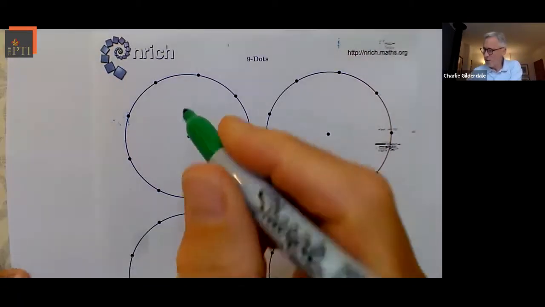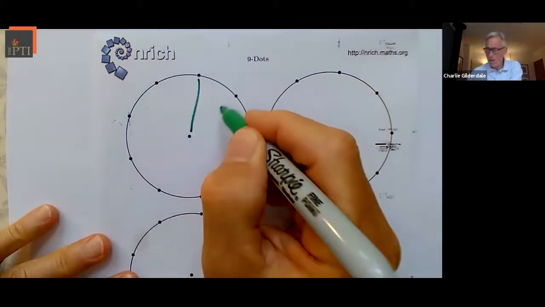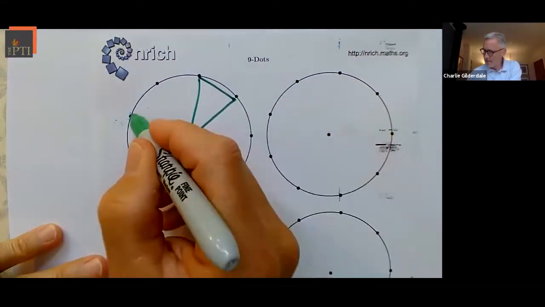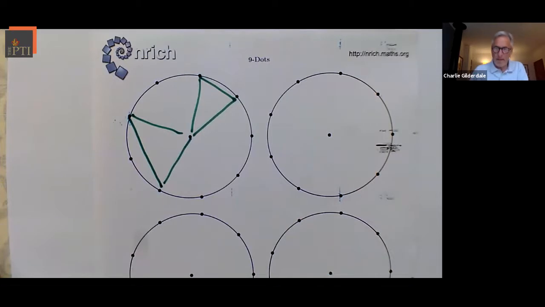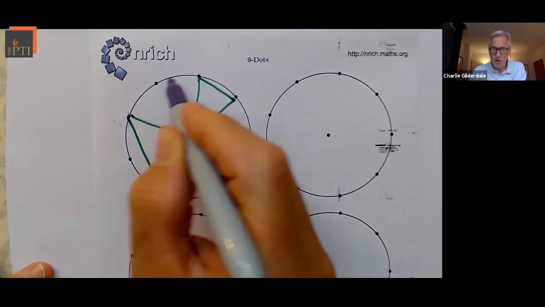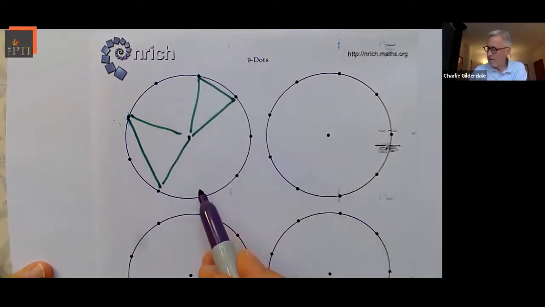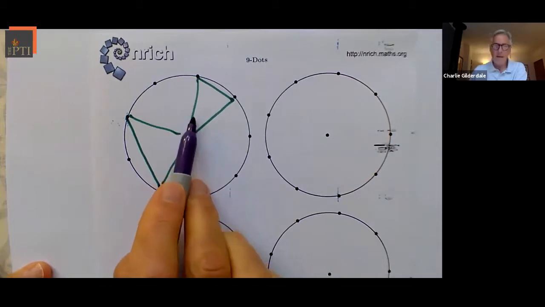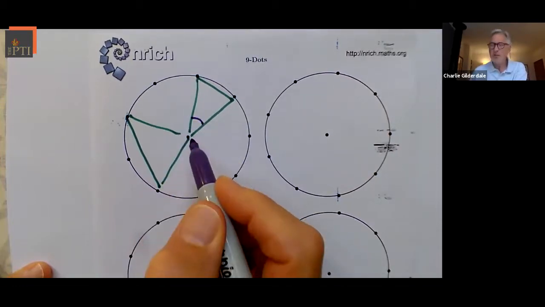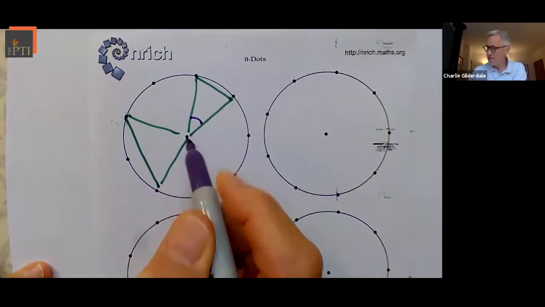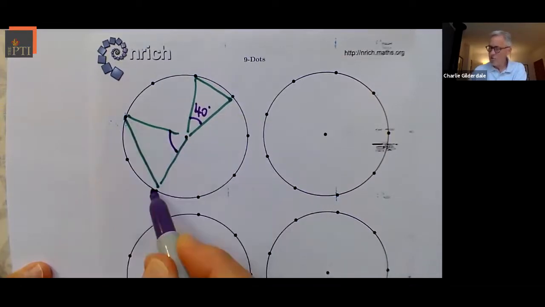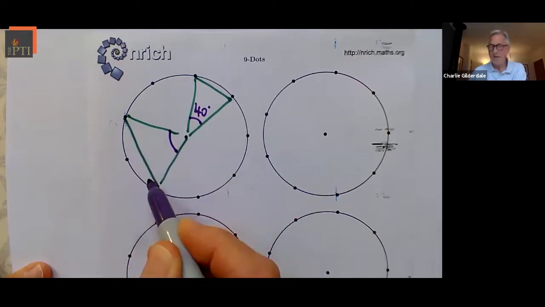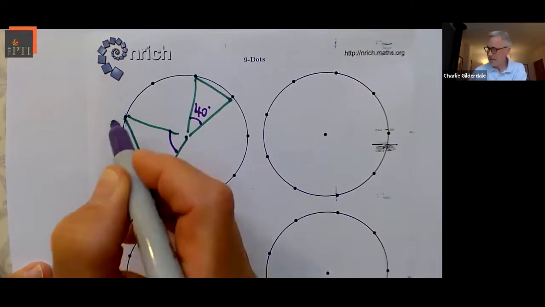So if I draw a triangle like this, or a triangle like this, because the 9 dots are equally spaced around the circle, this angle here will be 1/9 of a full turn. So that'll be 40 degrees. And this angle here, because it spans 2 dots, the space between 2 dots, it's going to be 80 degrees.